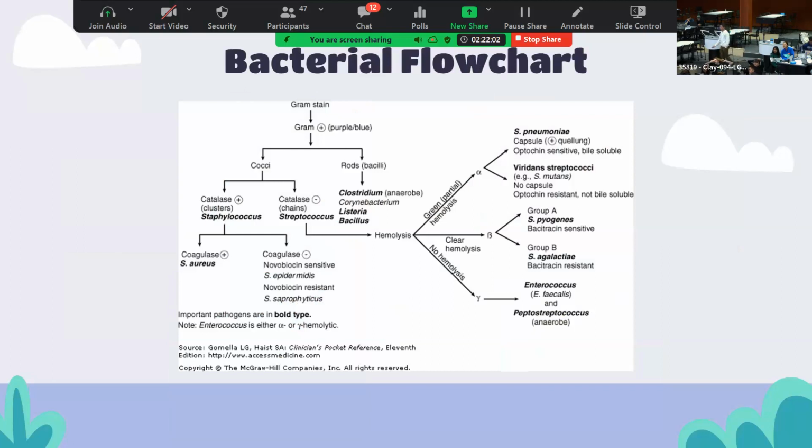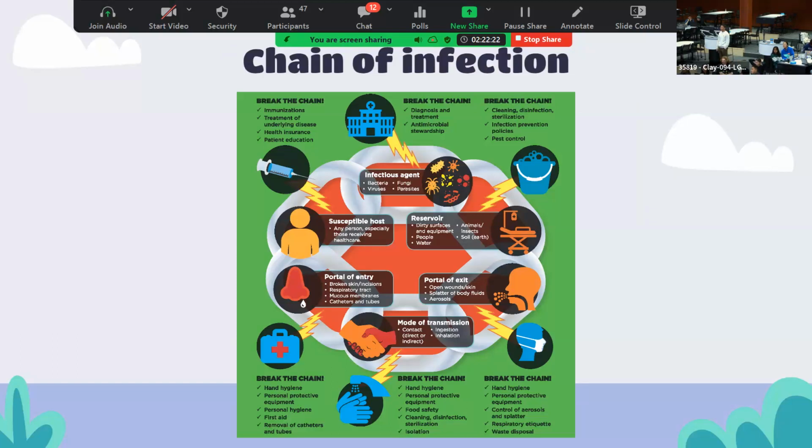And then this is the bacterial flowchart. Once again, you don't have to remember every single part of it. Probably just know the main ones like S. aureus, S. pneumoniae, S. pyogenes. Yeah, those are just the main ones. Although it's very unlikely that I'll have a question on this on the exam. Next is the chain of infection.